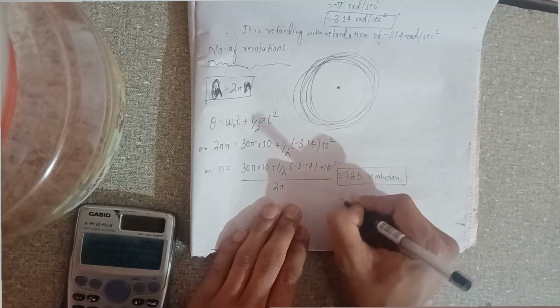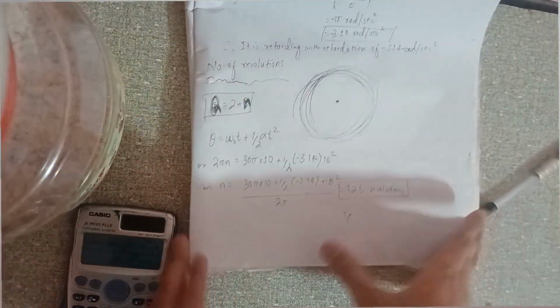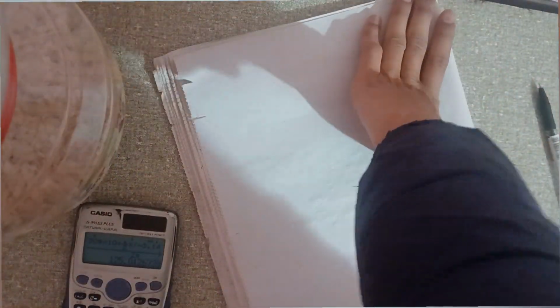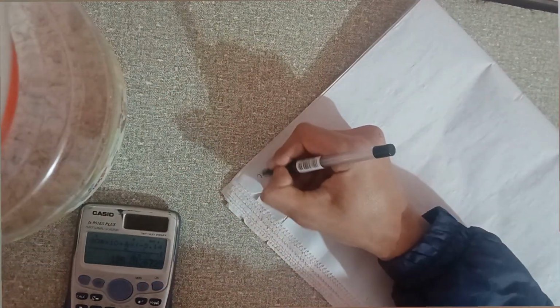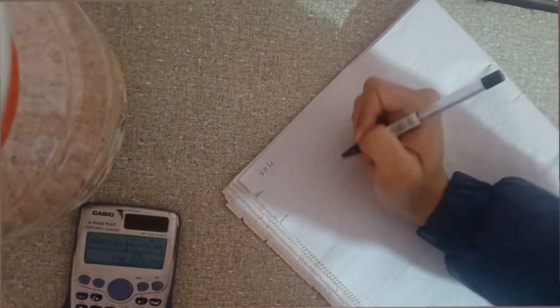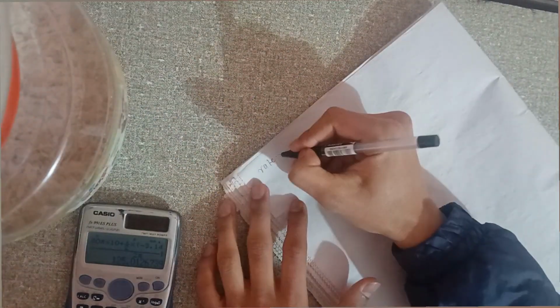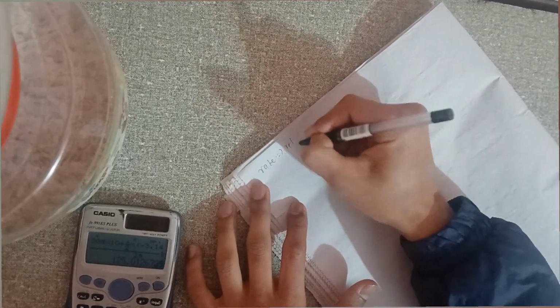This is another answer. Now we go to the third mini question, which asked how many additional seconds are required for the motor to come to rest at the same rate. Here the rate means acceleration or retardation.